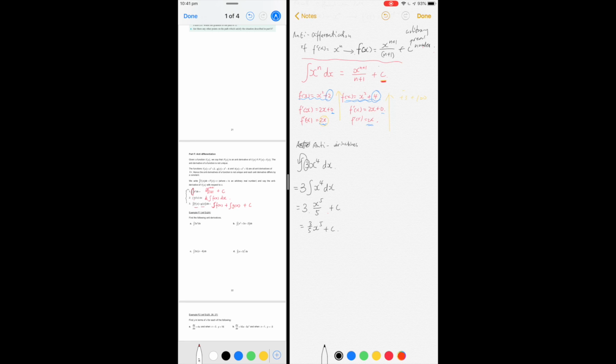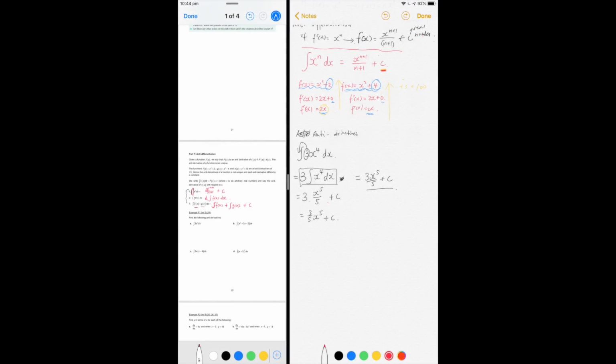Now when you get very familiar with this, you can jump over these steps, and you can just write 3x to the power 5 over 5 plus c straight away. So next example, we have find the antiderivatives of x squared plus 3x minus 2 in regards to x.